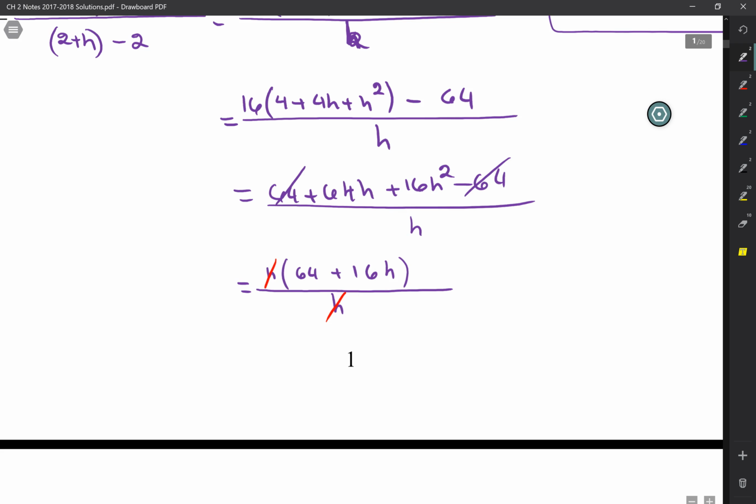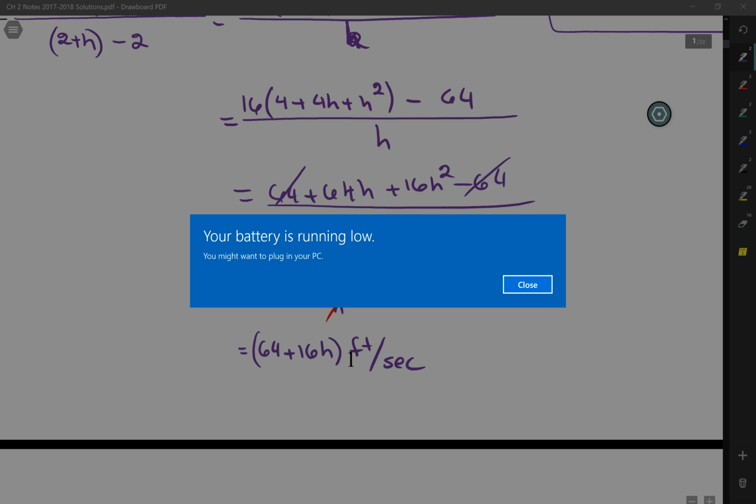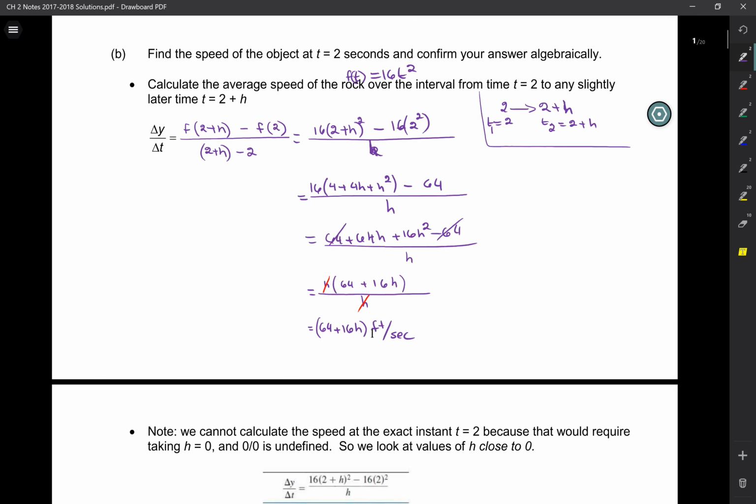So we can cancel the h's. Now, what do I have here? 64 plus 16h feet per second. 16h plus 64 will work too. So we have to have units, even when it's not a pure number.